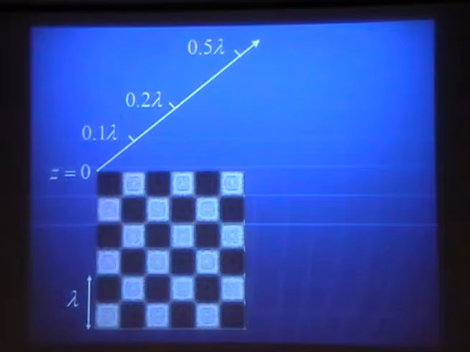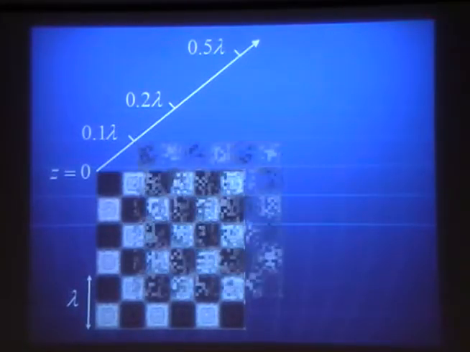So let's assume that this is a checkerboard pattern, as I mentioned at the beginning. Dark shows a vertical orientation. Bright shows a parallel orientation this way. And this is right at the surface. And the purpose of this diagram is to show how quickly this surface modulation decays.